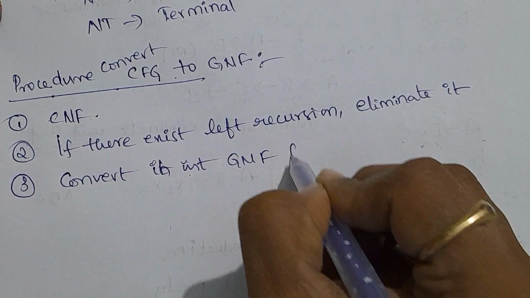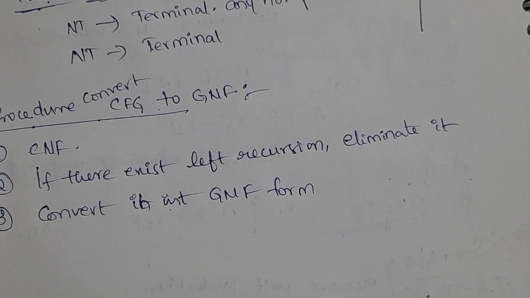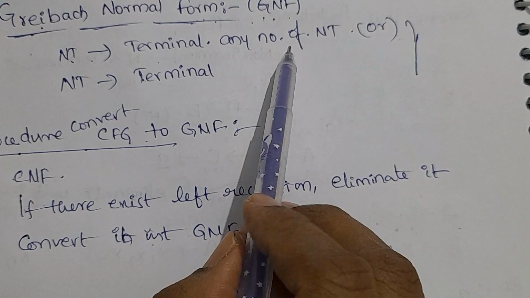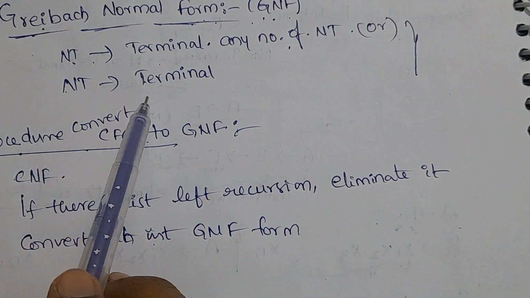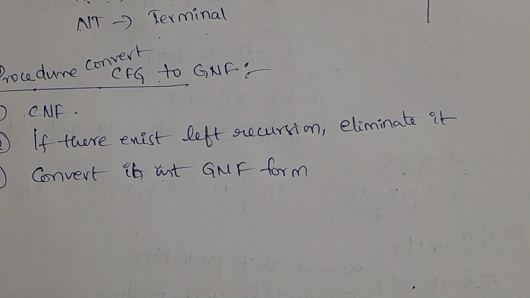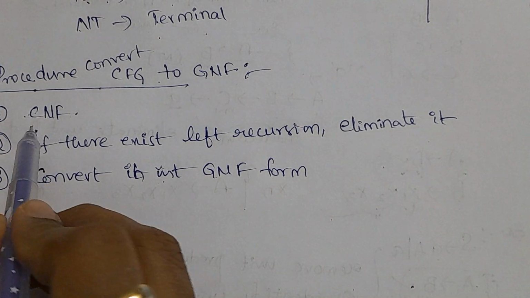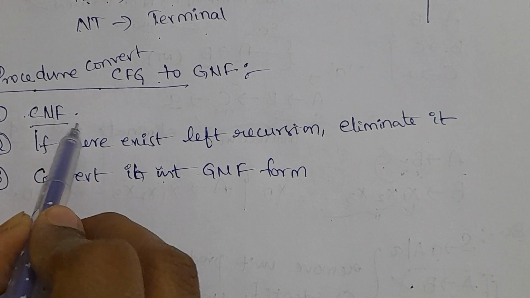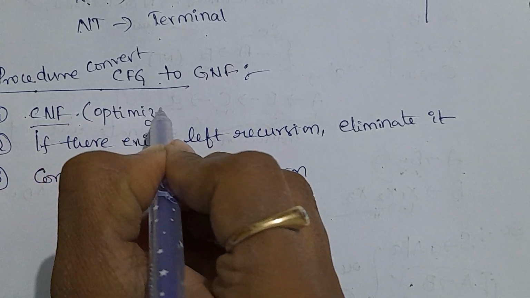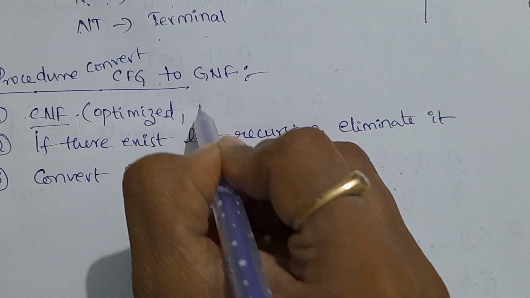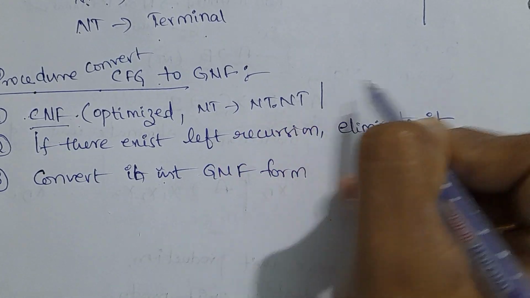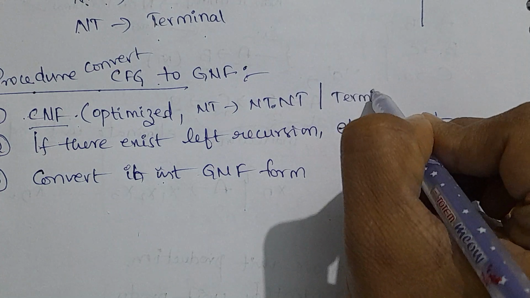GNF form means that each and every production is of the form non-terminal tends to a terminal followed by any number of non-terminals, or non-terminal gives one single terminal. If the given context-free grammar is not in the form of CNF, you need to make it into CNF, which means that the grammar should be optimized, and later on each and every production is of the form non-terminal tends to two non-terminals, or else non-terminal tends to a single terminal.